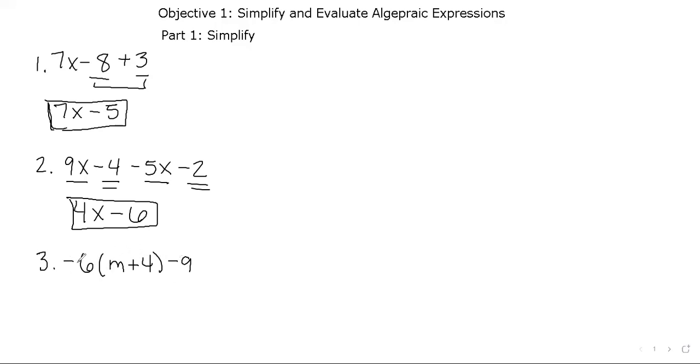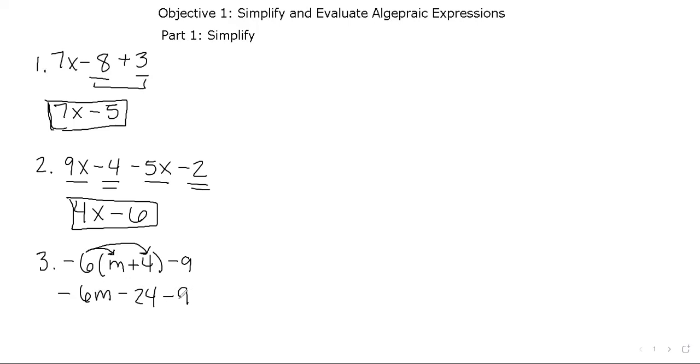Now, notice how this -6 is in front of this group. What we're going to do is something we talked about in Math 130, and we're going to distribute this -6. So -6 times m is going to be -6m, and -6 times 4 is going to be -24. And this -9, we're just going to bring down.